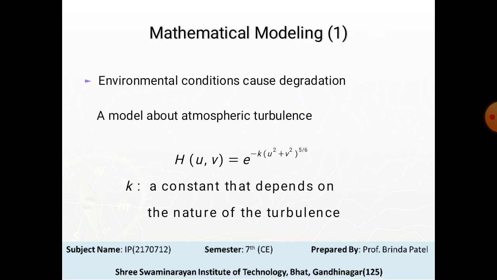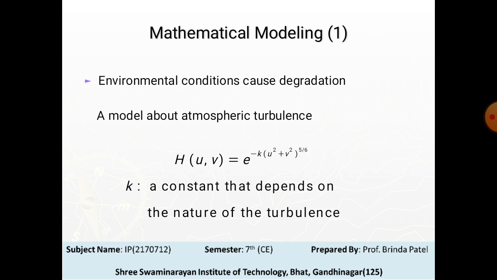Degradation modeling has been used for many years because of the insight it affords into the image restoration problem. In some cases, the model can even take into account environmental conditions that cause degradations. For example, a degradation model proposed by Hufnagel and Stanley, which is based on the physical characteristics of atmospheric turbulence. So the Gaussian LPF is used sometimes here.